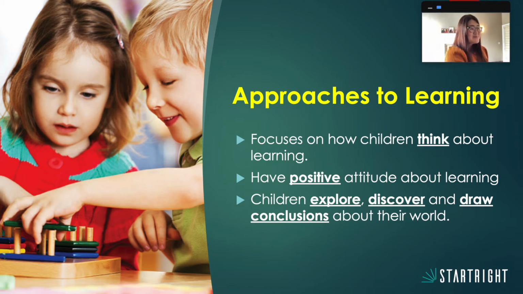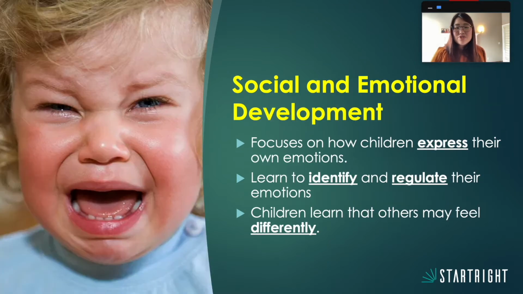Next one. Social and emotional development. Oh, look at that girl. Social and emotional development focuses on how children express their own emotions. As children develop and grow, they learn to identify their emotions and gradually learn how to regulate their feelings. That means they learn how to understand their emotions and label them.